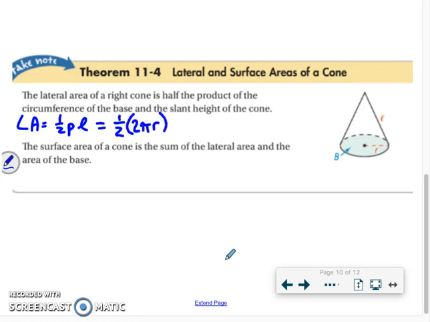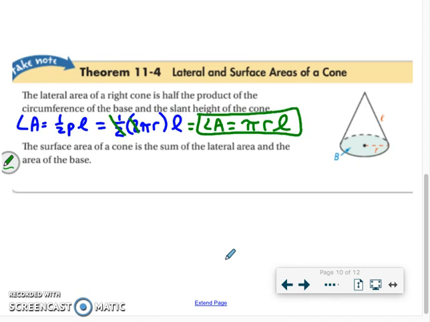We're going to use r since it's going to help us with the area anyways, times that slanted height. But what happens is our 1/2 and our 2 just cancel. So the best formula for LA, the one I would highlight, is pi times the radius times the slanted height. It's the same formula we've been doing, it just simplifies quite a bit.